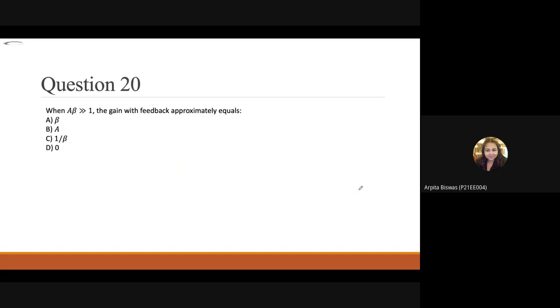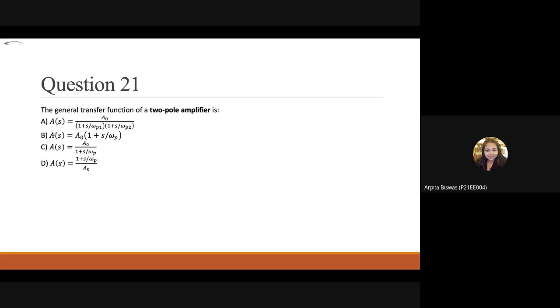This is question number 20. When A beta is very much greater than 1, the gain with feedback is approximately equal to beta A, or 1 by beta, or 0. 1 by beta, ma'am. Yes, the answer is 1 by beta. Question number 21. The general transfer function of a two-pole amplifier is.